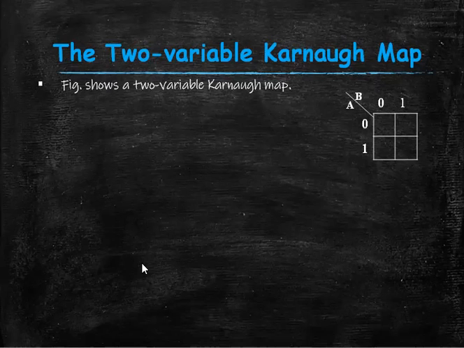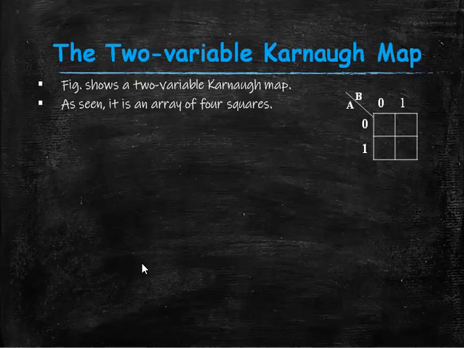Here we consider A and B as the variables. As there are only 2 variables, we know that there must be 4 squares. Here also there is an array of 4 squares.